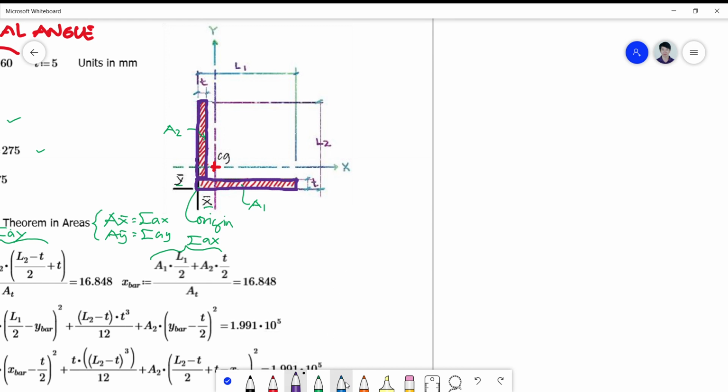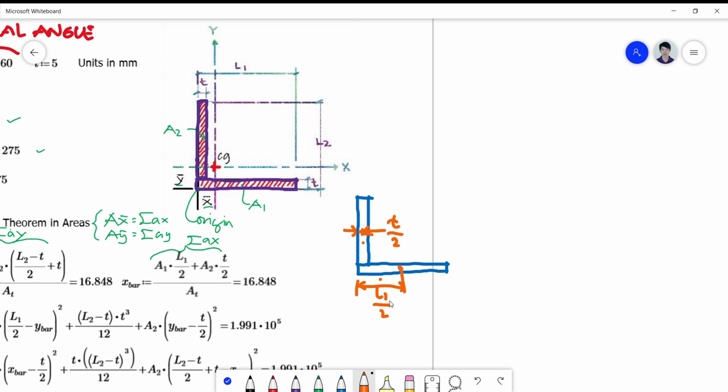If we redraw the angle, which is divided into two areas, for your x bar or x's, we have here L1 over 2 and T over 2 as your individual area lever arms.